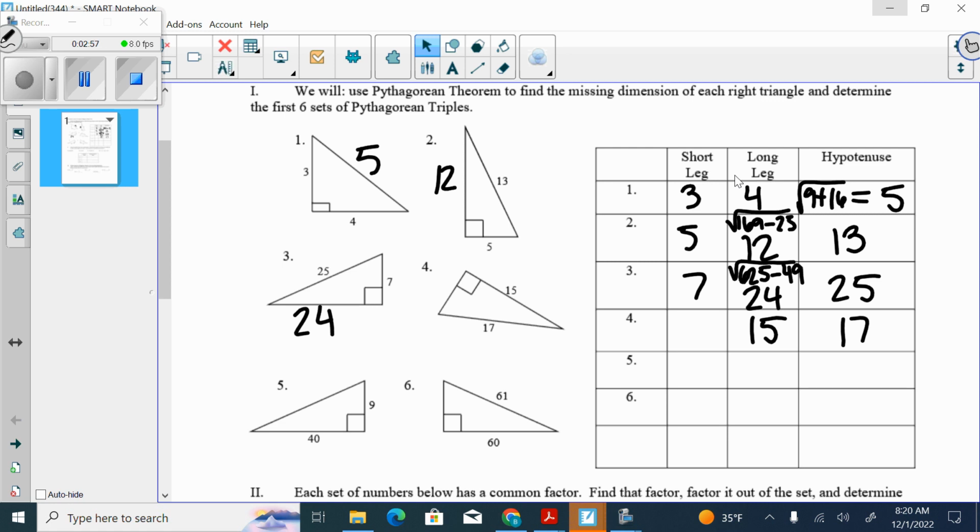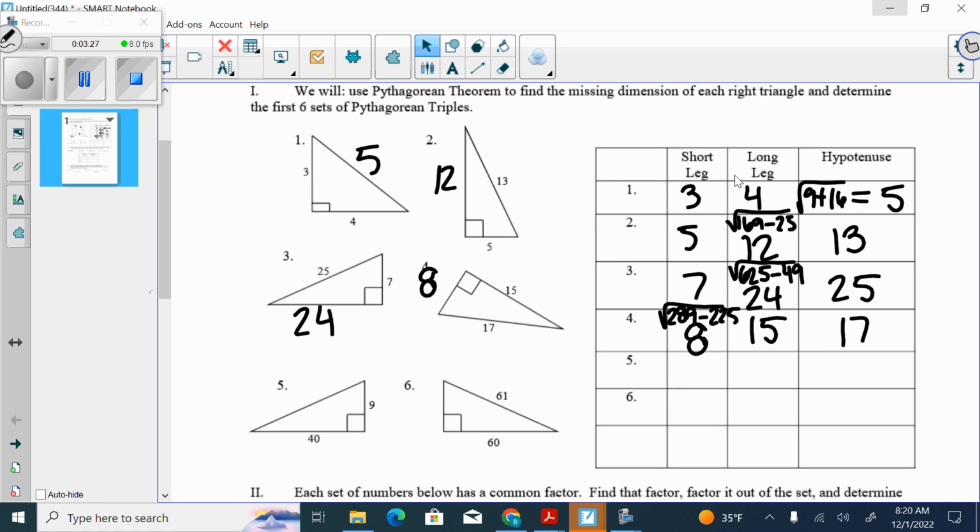What is 17 squared? Right. Minus 15 squared, which is 225, good. And what do you get when you subtract 289 and 225? 64, and then the square root of 64 is 8. Very good.